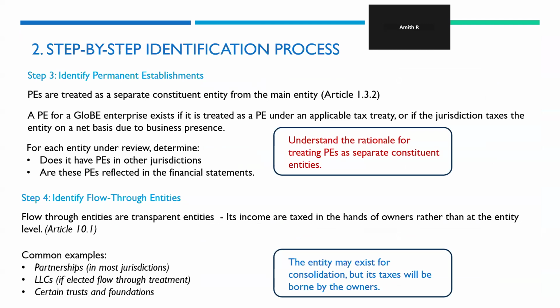Those are all constituent entities, including PEs and flow through entities. The only thing that is excluded is something where there won't be any consolidation, but what we call equity method investing. That is the only thing which is not considered a constituent entity. With that background, let's tackle this problem.